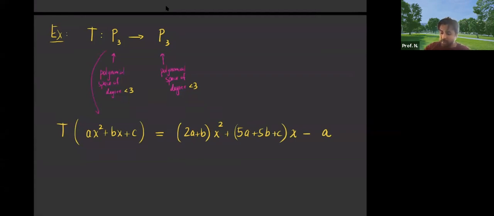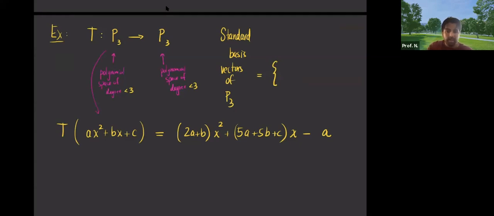Now, the reason why I'm doing this one is because it's a little different from the rest. What are the standard basis vectors of P3? There's no E1, E2, E3 here.